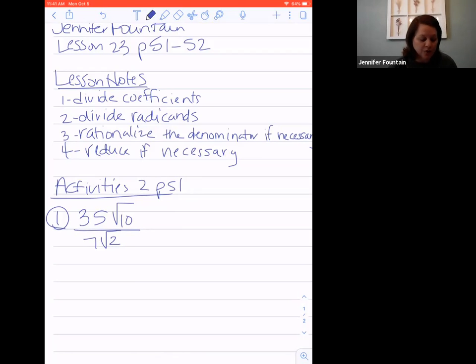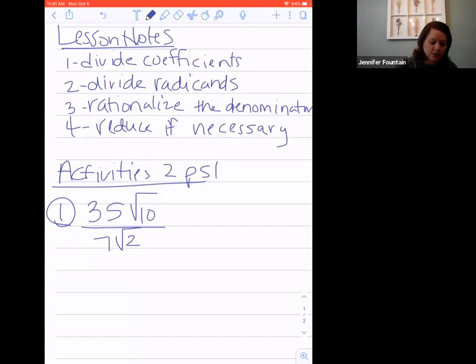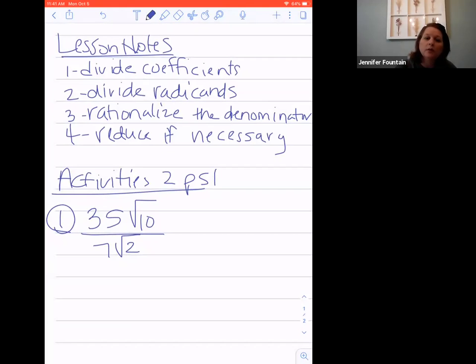Okay, so I know that the first thing is to divide the coefficients. So that's where I'm going to start. Both 35 and 7 are both divisible by what? 7. Good. So 7 divided by 7 is 1. 35 divided by 7 is 5. Step 2, divide radicands. I have a 10 and a 2.